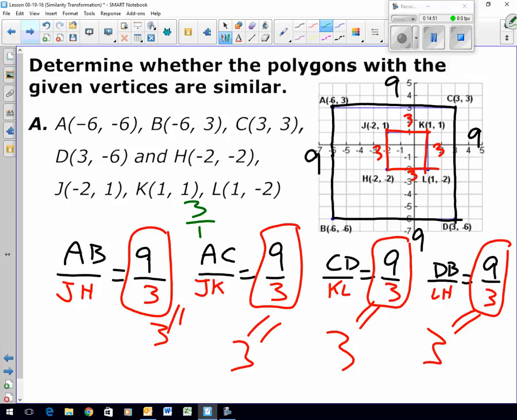This would enlarge it. 3 over 1 is the same thing as a scale factor of 3, right? But there's a reason why I put 3/1. If I took the reciprocal of 3/1, that would be 1/3. My scale factor is 1/3. 1/3 would reduce.